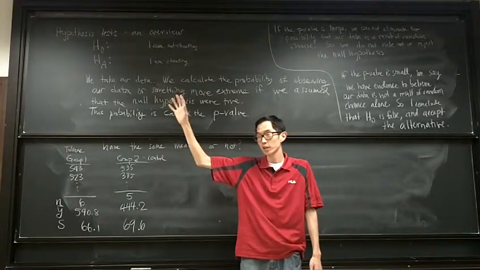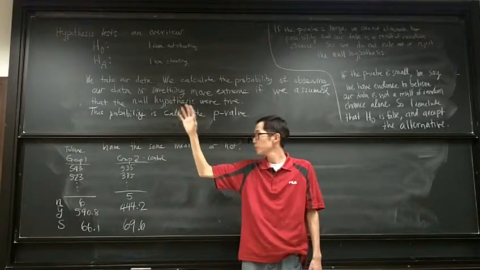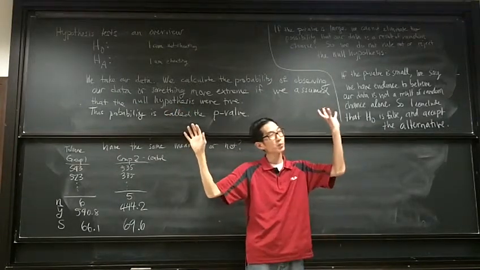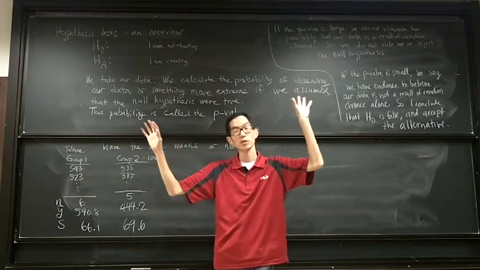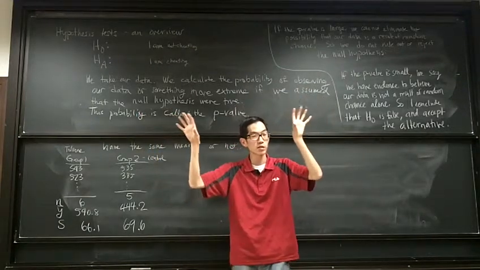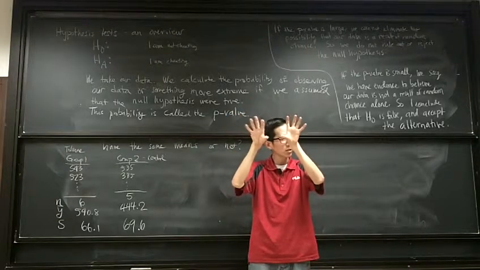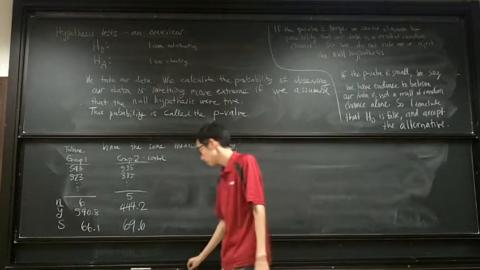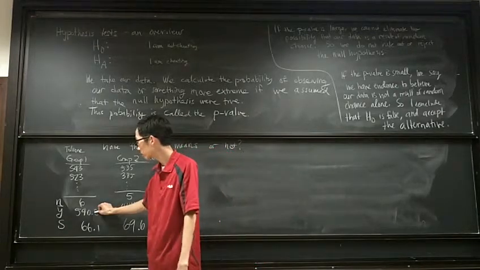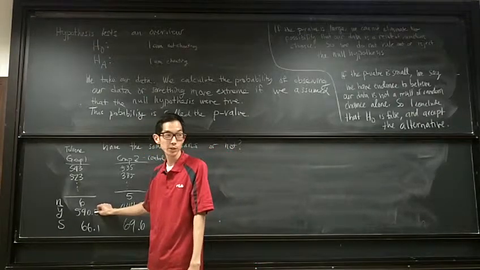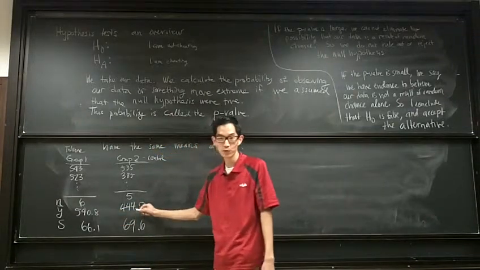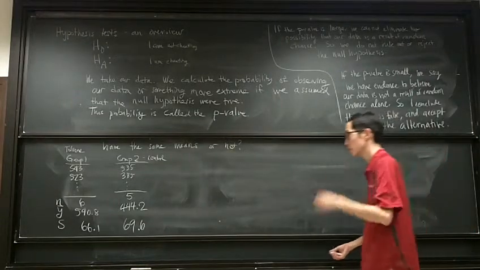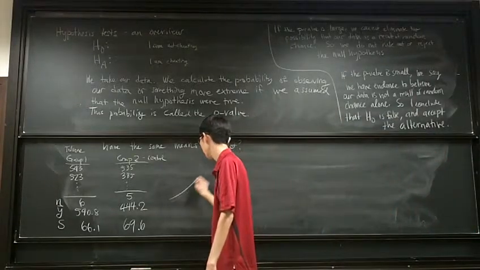And so we want to know, does the population of all rats exposed to the drug have a different mean value of norepinephrine concentration than the population of all rats that weren't exposed to the drug? Do these two have the same mean, or are their means different? That's what we're asking. When we took a sample, this gave us a mean of 540, and this gave us a mean of 444. Is this evidence that the respective populations have different means?